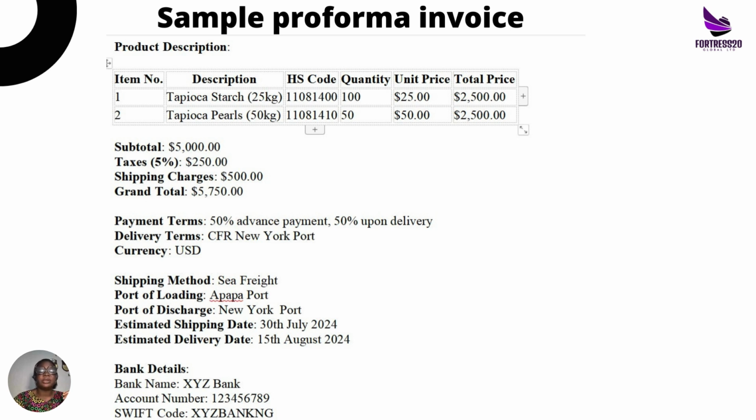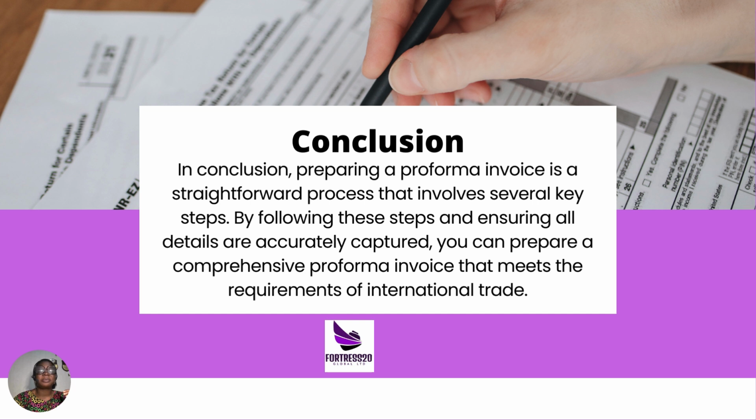The port of discharge is New York Port. Estimated shipping date from here is 30th of July. Estimated delivery date is 15th of August. Then the bank details. If you need to add the authorized signatory at the end of the document, you can create a space for the authorized signatory to sign.